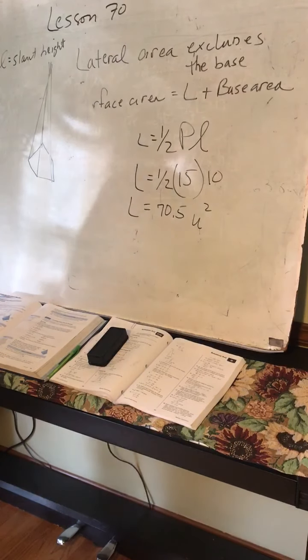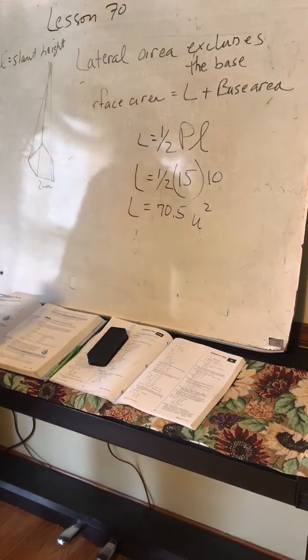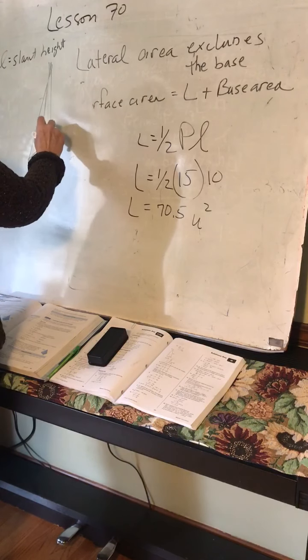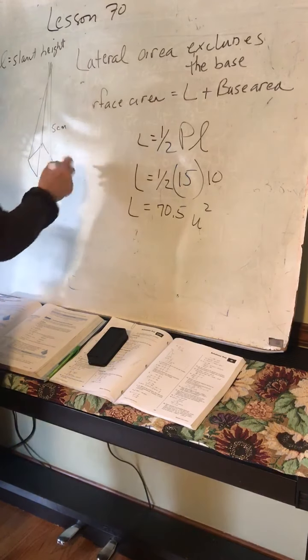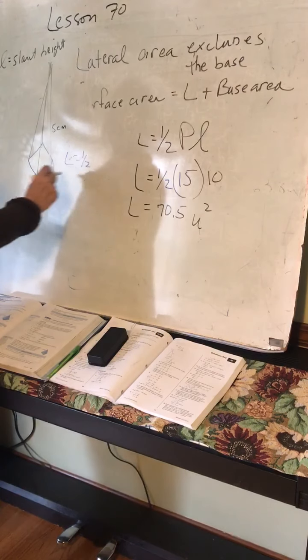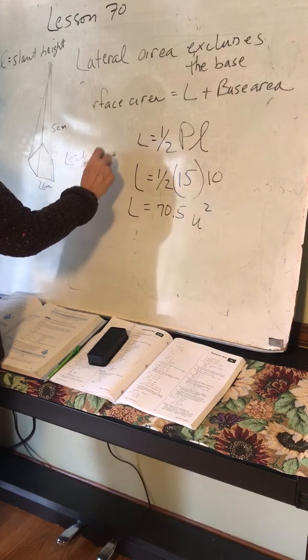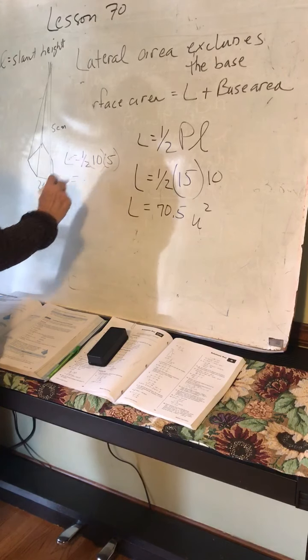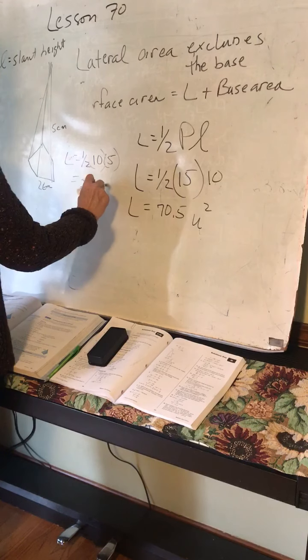Anyway, that's our pyramid, and say this is 2 centimeters all the way around, and the slant height is 5 centimeters, and then we would plug in our formula, 1/2. That's 5 of those, that'd be 10, and our slant height of 5, and that would equal 25 square centimeters.